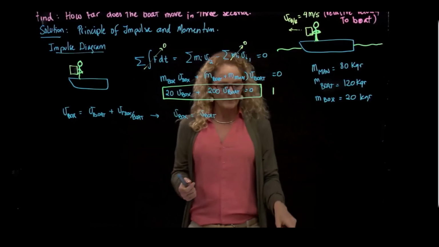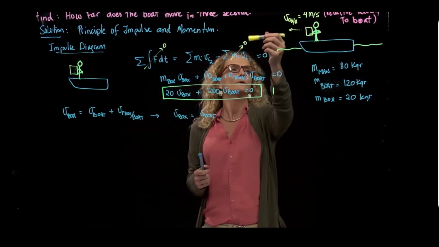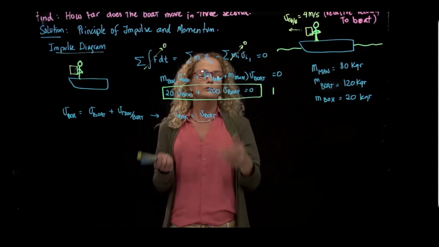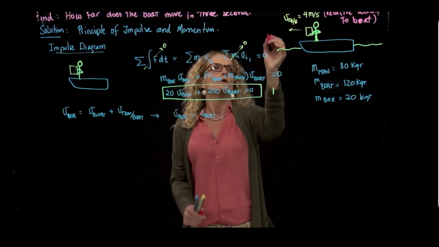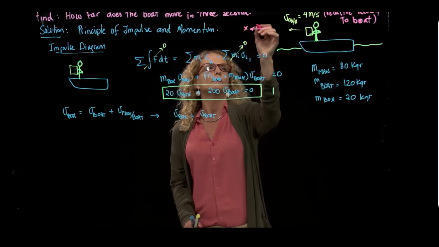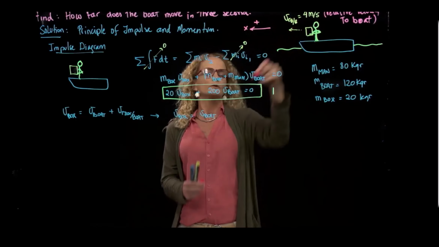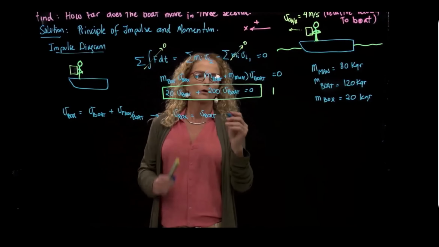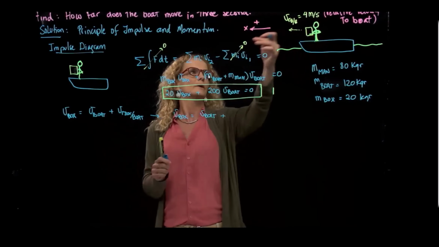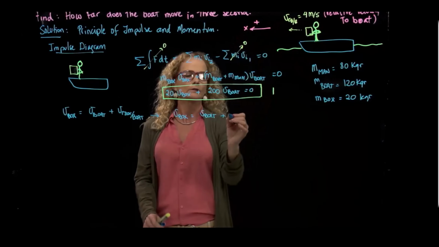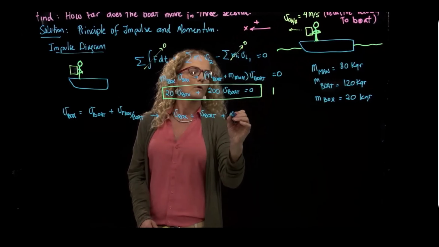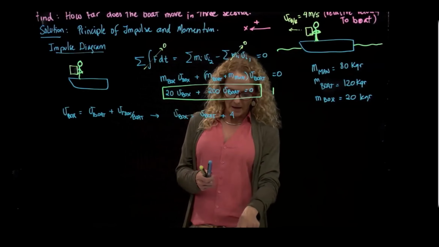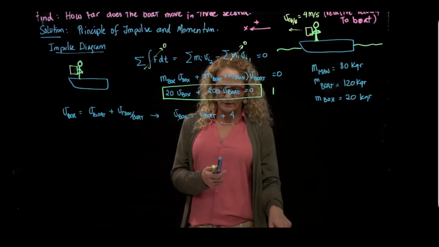Let's name forward positive, since we threw the box in the direction the man is looking. So the relative velocity is plus 4. This will be my second equation.